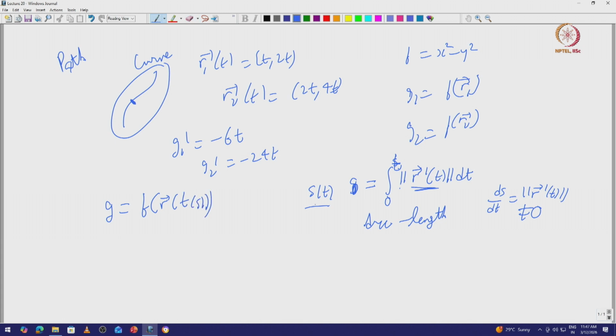Here you're giving s as a function of t. The claim is you can invert it and find t as a differentiable function of s, right? And dg ds, what is that equal to? That is precisely equal to gradient of f dotted with r dash divided by this. This is the claim.